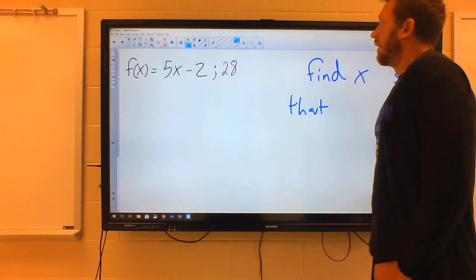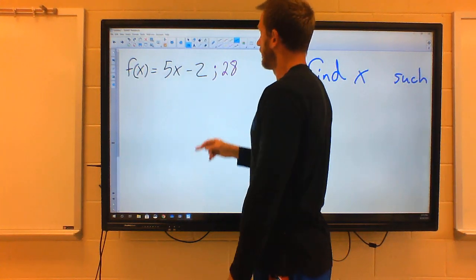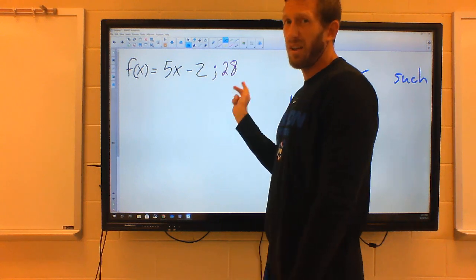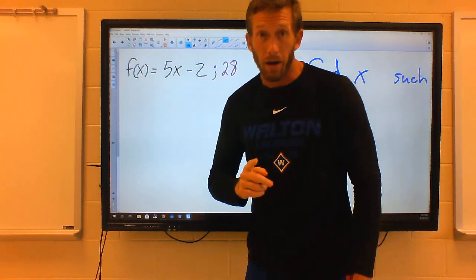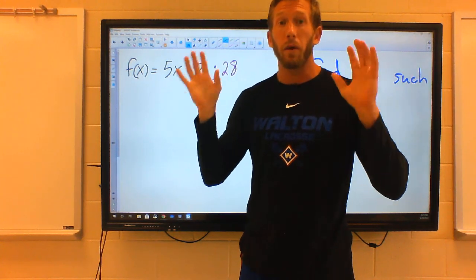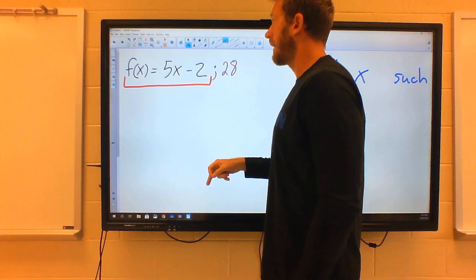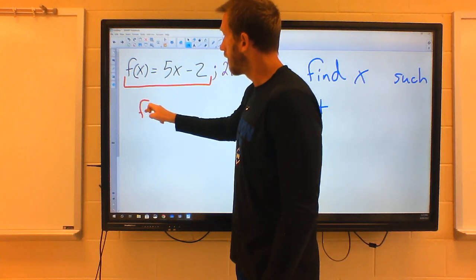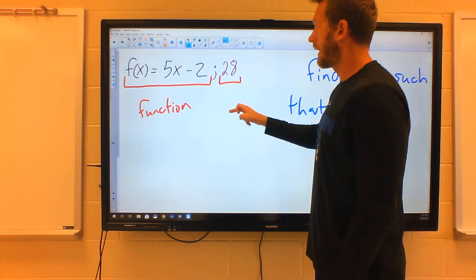Most of the time they're going to give you something like this, and it's going to be written kind of nasty looking. By the way, that's a semicolon. Semicolons separate two thoughts. The first thought is right here. This is our function. The second thought is right here.